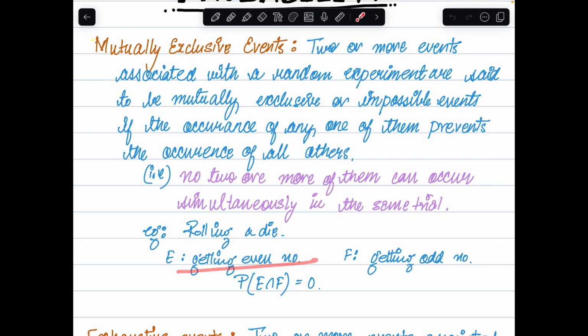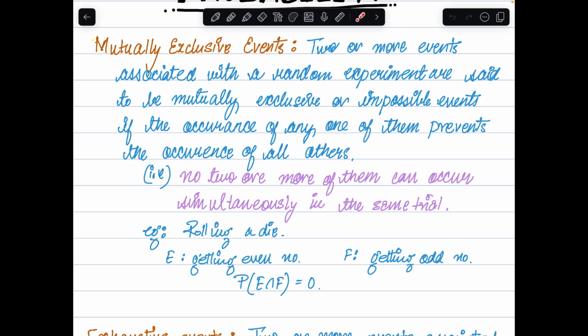Getting an even number will be 2, 4, 6, odd number will be 1, 5 and 3. So the intersection will be 0. In terms of probability, that will be 0. But in terms of sets, it's going to be an empty set. That's called a mutually exclusive event.